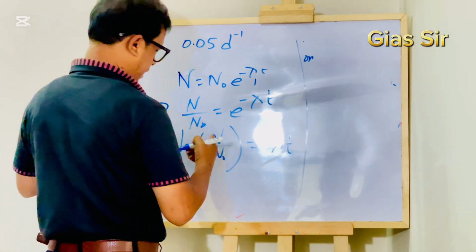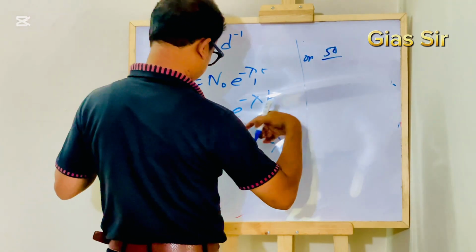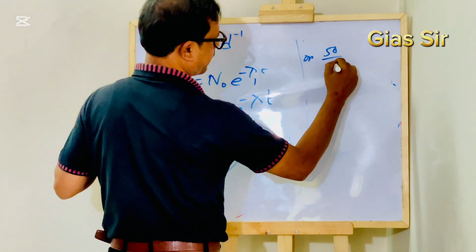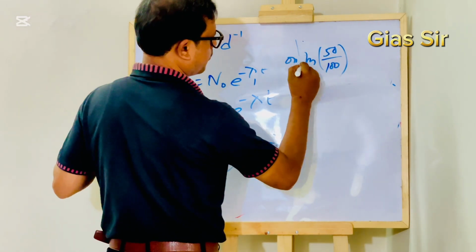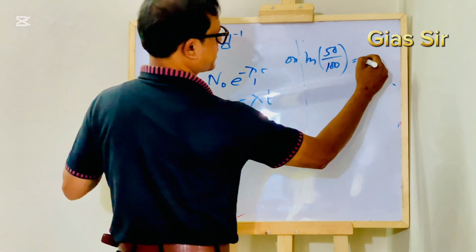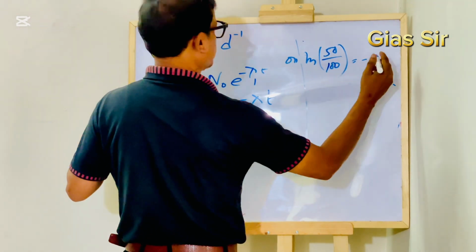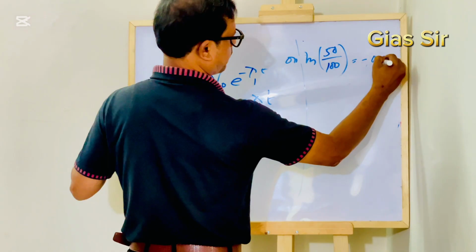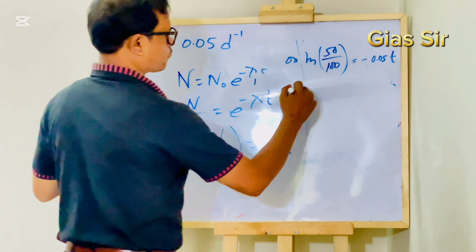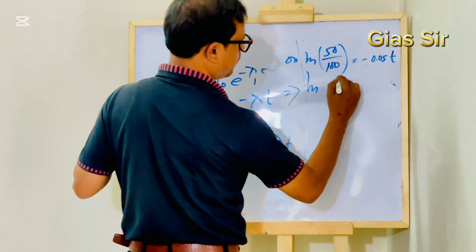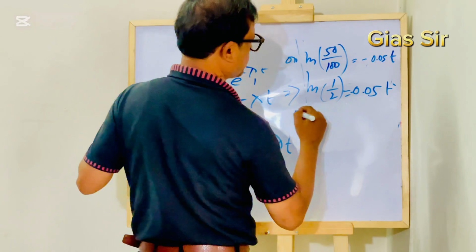Now N is 50 and N naught was 100, so ln of N over N naught equals minus lambda t, and lambda has been given as 0.05. This is t. So ln of 50 over 100, ln half, equals minus 0.05 t. We have to find out t.